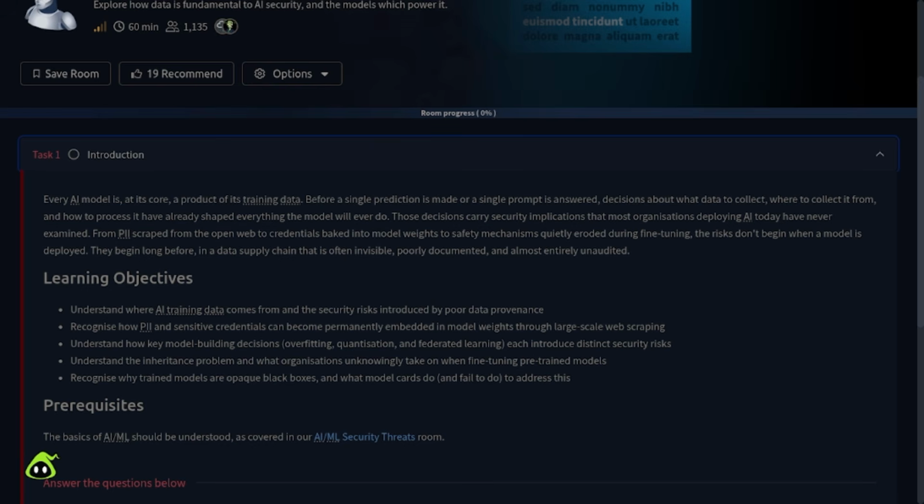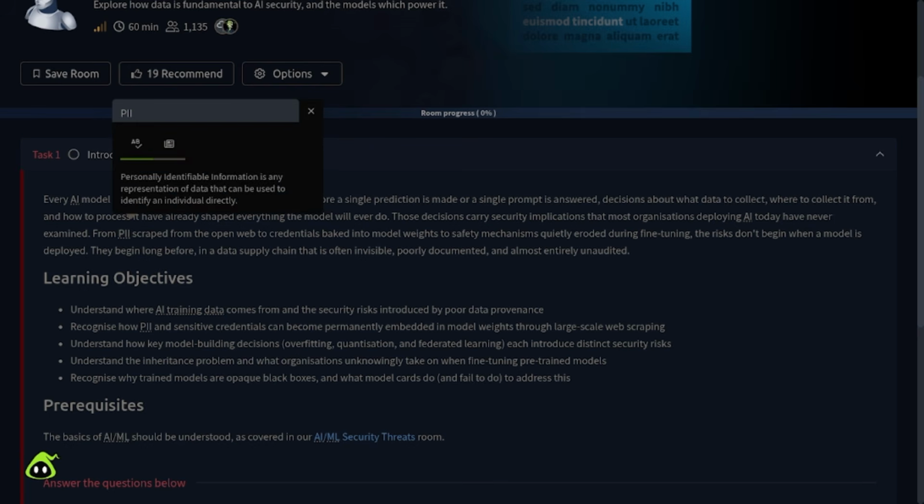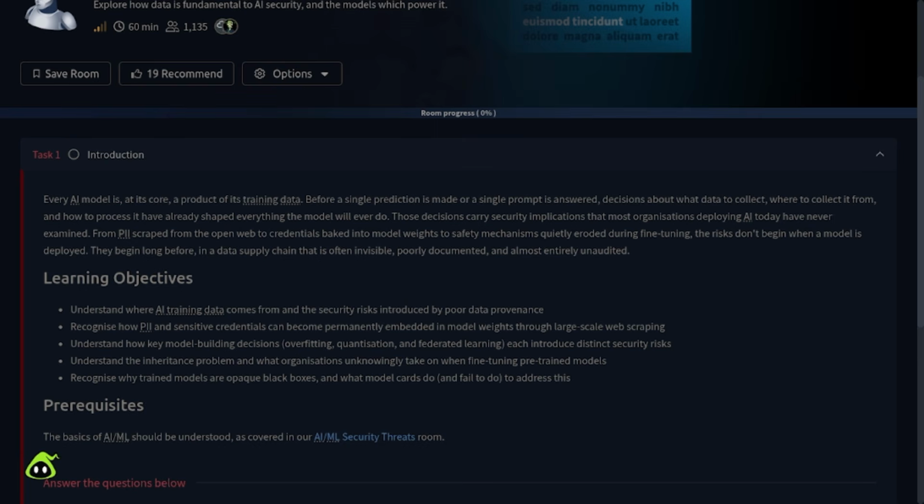So there is an element of security we will discuss as well, starting with PII, which is personally identifiable information. Sorry if I pronounced it wrong. Personally identifiable information is any representation of data that can be used to identify an individual directly. Anything that could be recognized as belonging to a person is PII, and it's scraped from the open web, so it could contain any data available on the internet, including credentials. This is given to the LLM during training because the LLM is trained on a large amount of data.